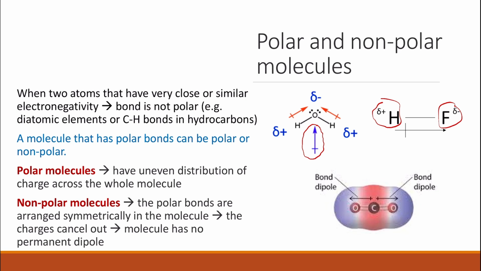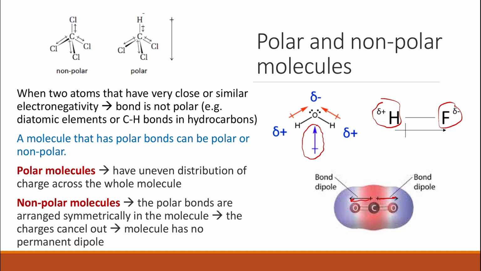The bond between the carbon and oxygen is a polar bond. There are two polar bonds in this molecule. However, the bond dipoles work in opposite directions, as we can see here, and there is an even distribution of the charge across the whole molecule. So the molecule has no dipole moment.